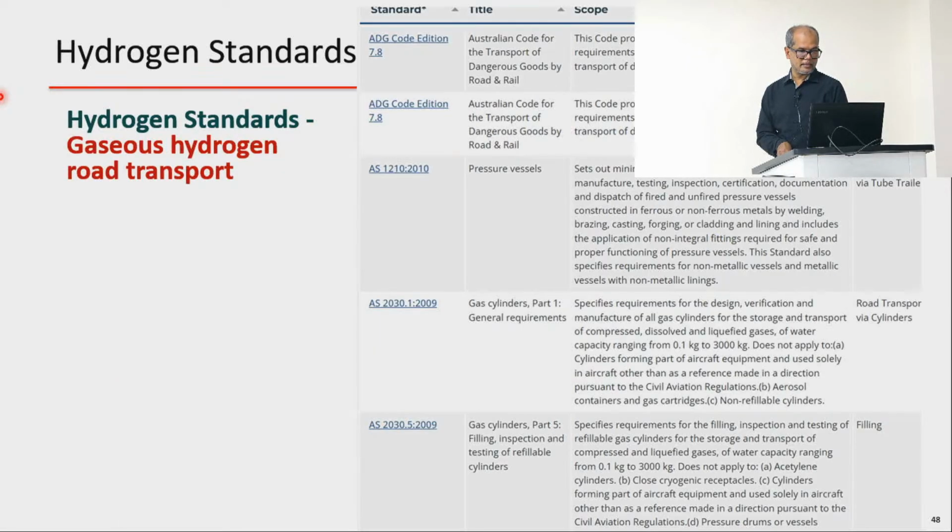Then there is hydrogen transport, how you are transporting hydrogen, depending on that, either cylinder or tube. Based on that also, there are some hydrogen standards available, but you will see most of the standards are still ongoing.